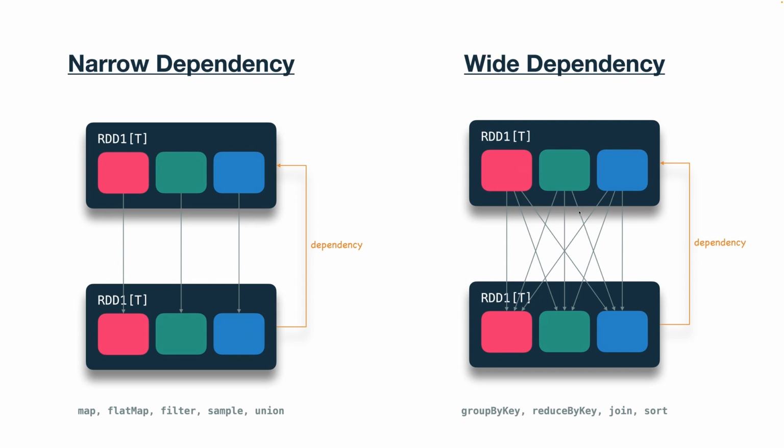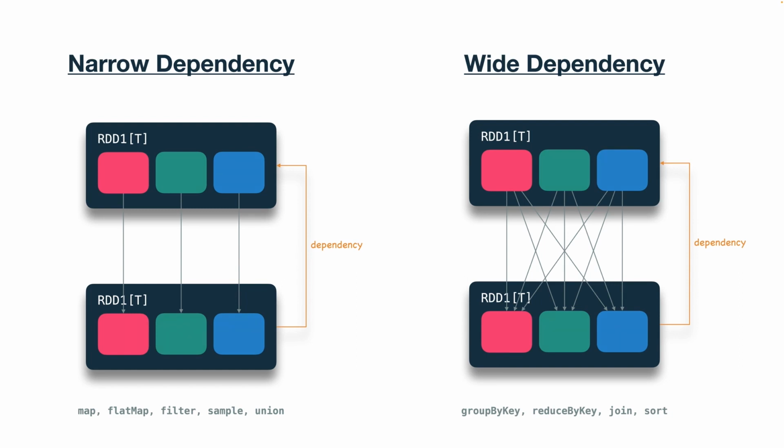And now we need to shuffle our data into one partition so that we can apply our aggregation on all of the records for one specific key. And we can see that group by key, reduce by key, join, and sort are wide dependencies because they take into account a key and eventually need or require the shuffling of data.